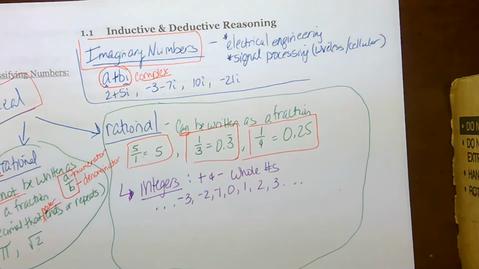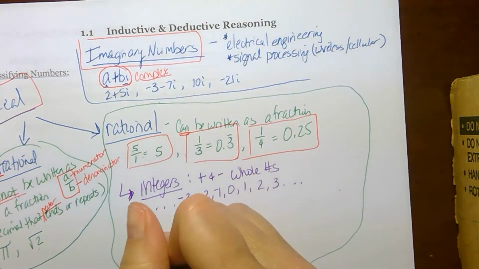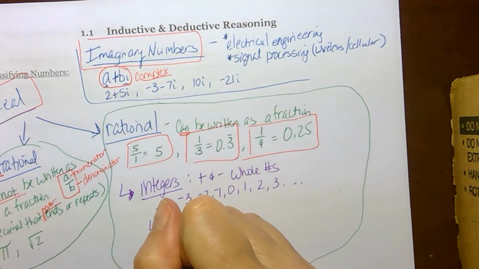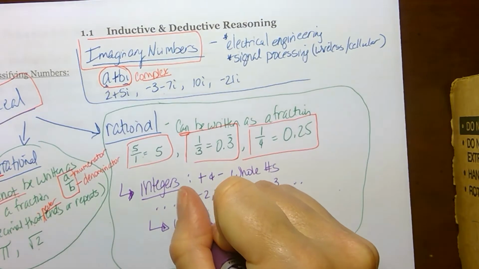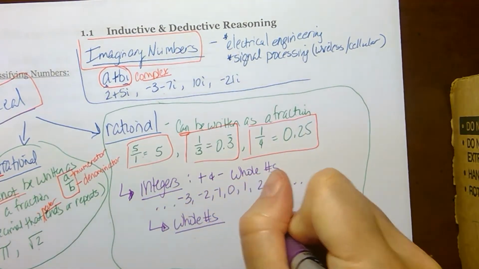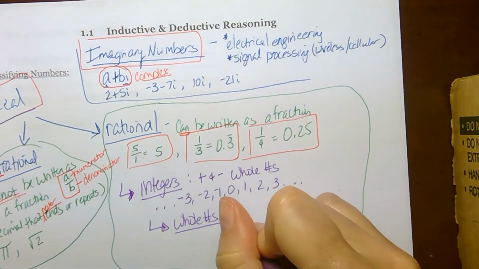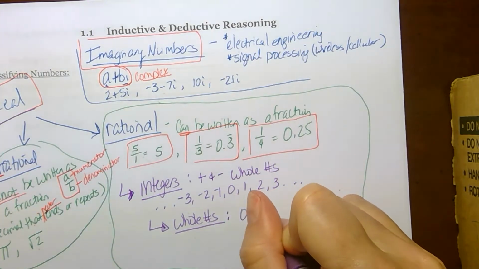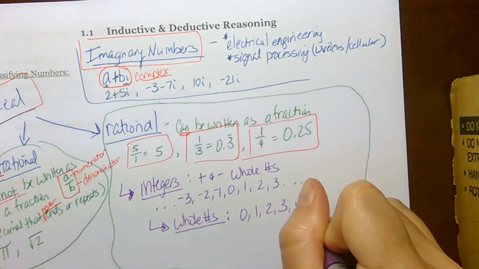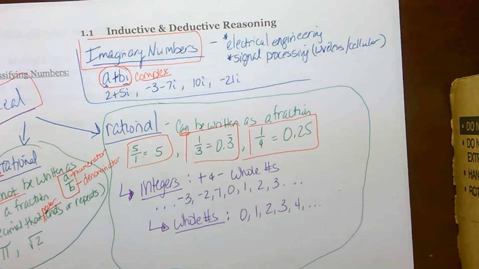Integers are rational because they could be written as fractions: -3/1, -2/1, -1/1. Then, if I want to be more specific, like we just said, we talk about our whole numbers. The whole numbers are 0 to the positive direction. So 0, 1, 2, 3, 4, etc., on and on forever in a positive direction.